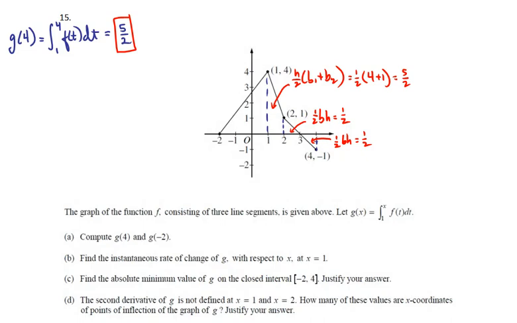Now we want g of negative 2. Well, by definition, g of negative 2 would be the integral from 1 to negative 2 of f of t dt, but we're going in the wrong direction here. So we're going to use the properties of integrals to rewrite that as the negative of the integral from negative 2 to 1, since we always want to go from low to high.